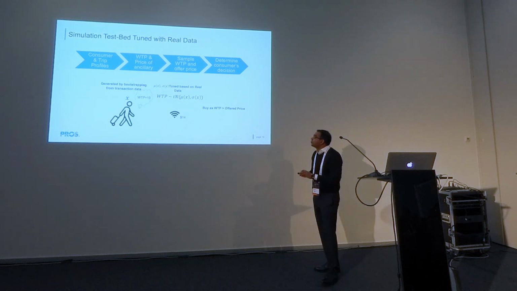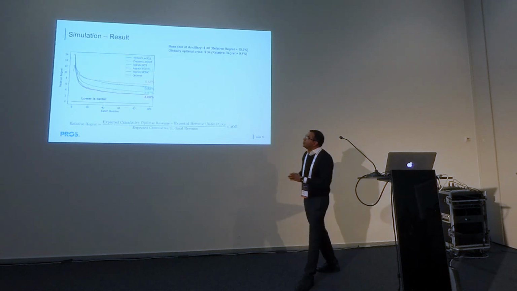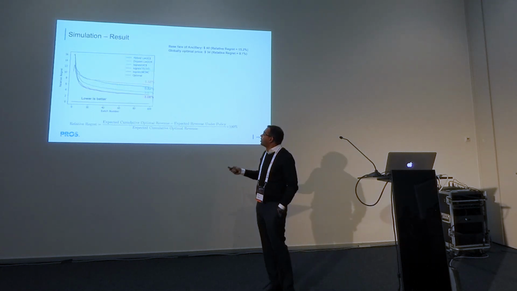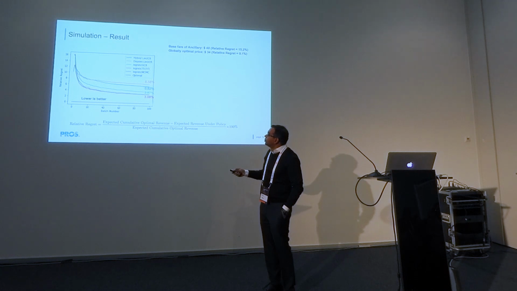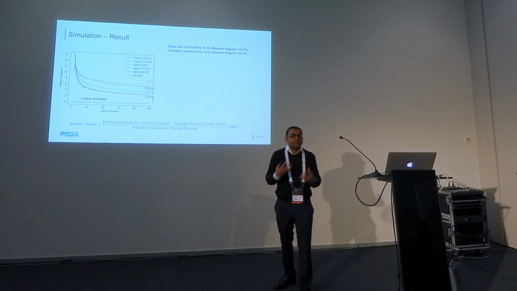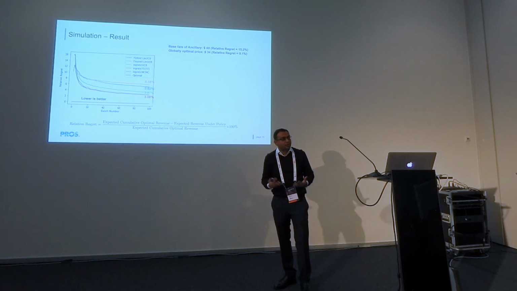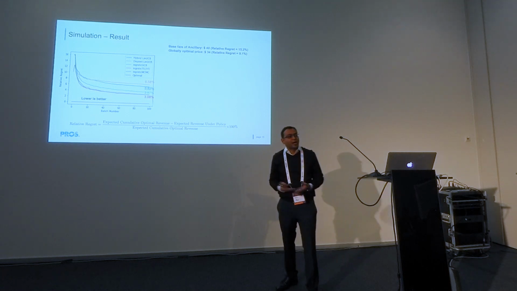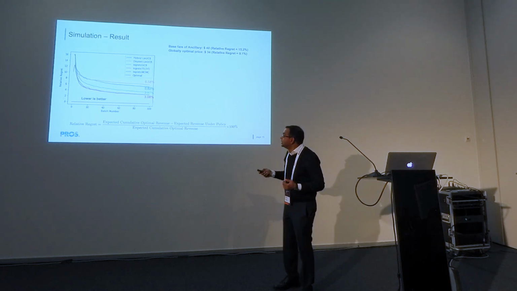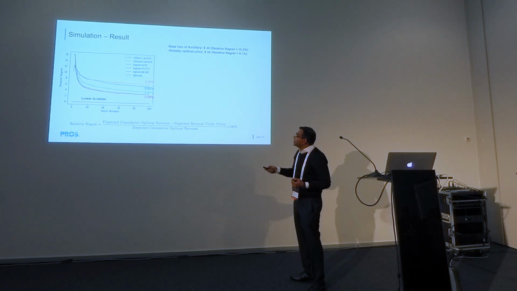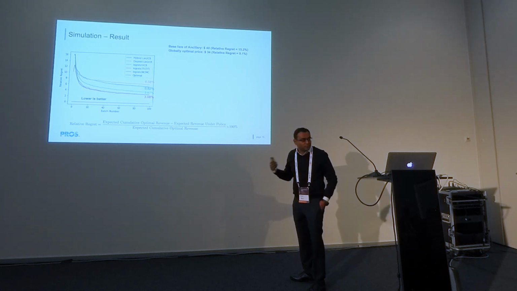So next, let me show you some of the results. This plot on the left shows you a metric called relative regret. Essentially, how much off your policy is with respect to the optimal policy. The optimal policy is the policy which knows the true parameter of the model. In this particular case, a curve which is uniformly lower is better.